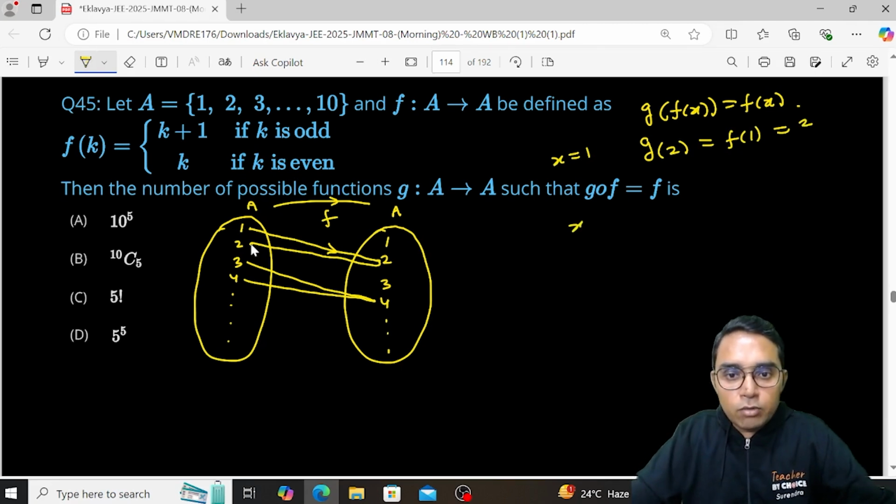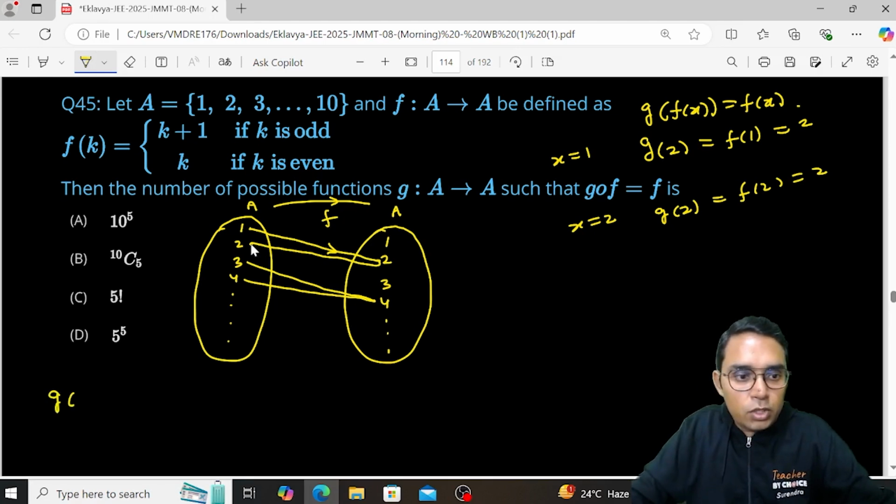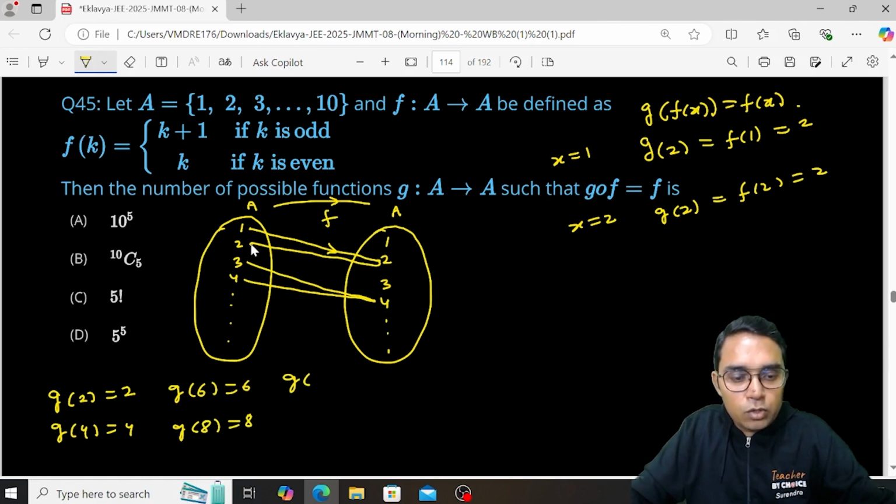If I put x equal to 2, then also we get g of 2 only, because f of 2 is 2, so g of 2 is equal to 2. Likewise, we will be getting g of 2 equal to 2, g of 4 equal to 4, g of 6 equal to 6, g of 8 equal to 8, and g of 10 equal to 10. But there is no condition on g of 1, or g of 3, g of 5, and so on.